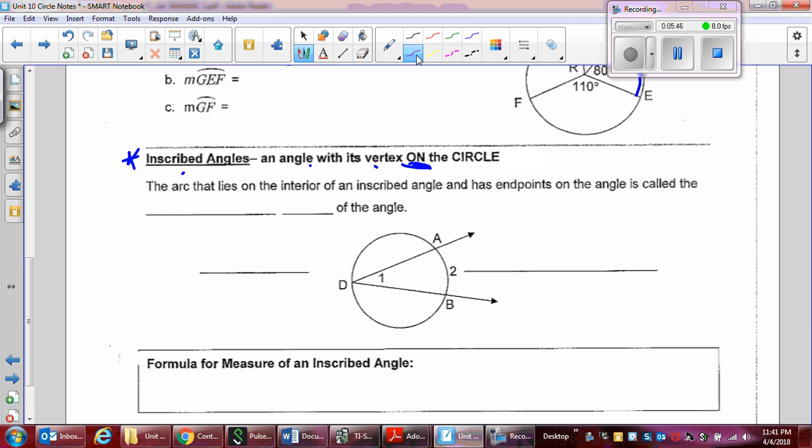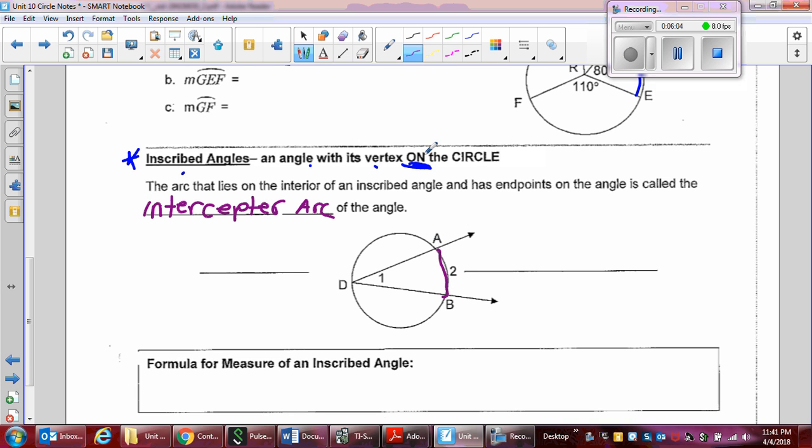Intercepted arc. Okay, so this is what we're talking about. This is the arc we're talking about.